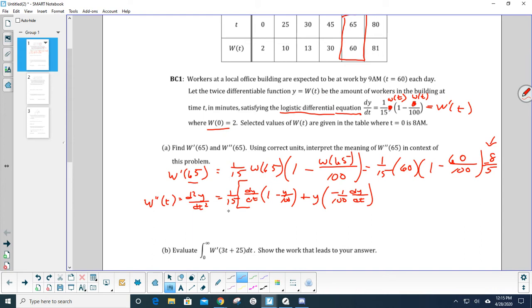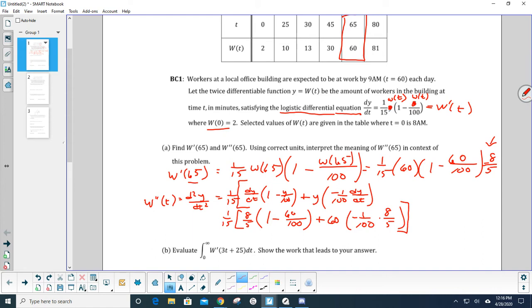So I'm going to have 1 over 15, and I'm going to replace the dy dt with the 8/5. And I'm going to say 1 minus my y value, we know is 60, plus 60 times negative 1 over 100 times dy dt, again, we said was 8/5. I'd close that bracket up, and I'd leave that as my answer.